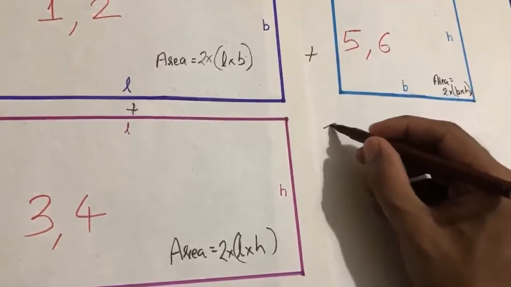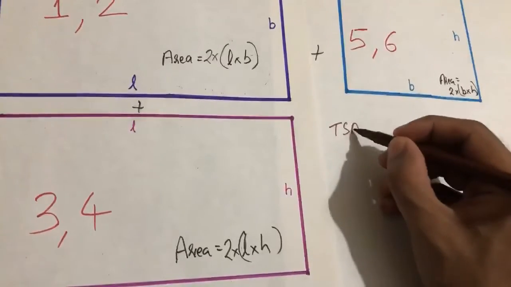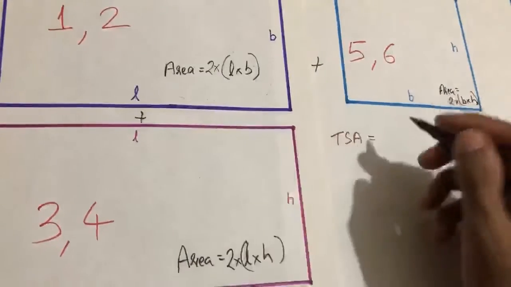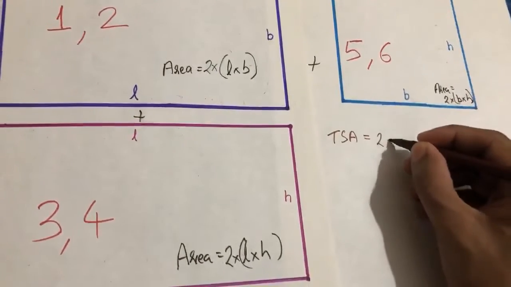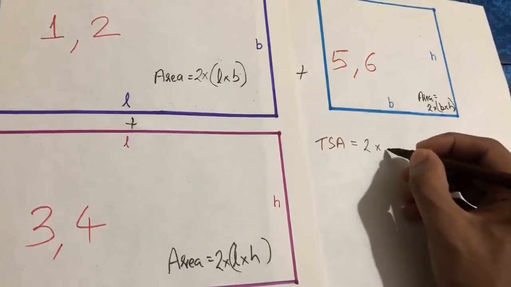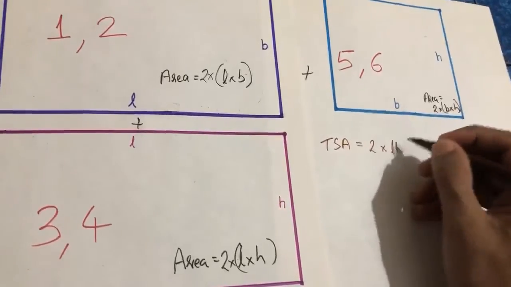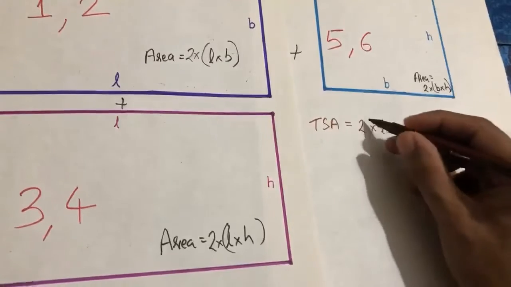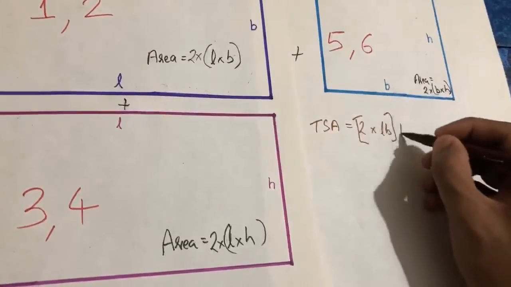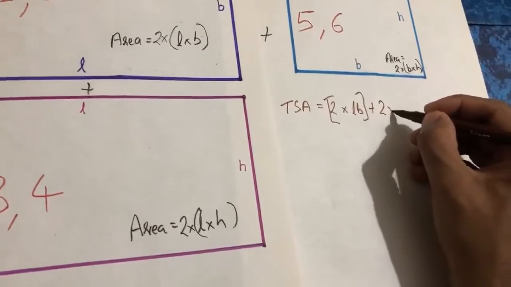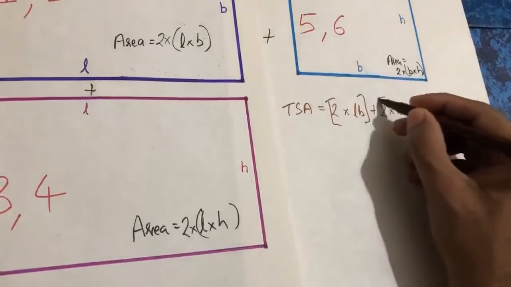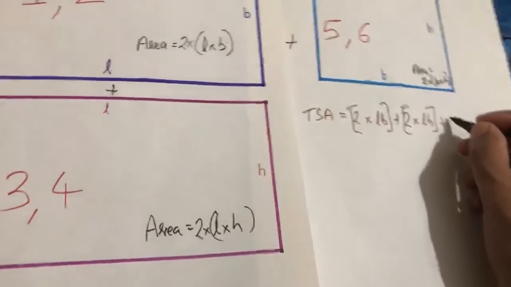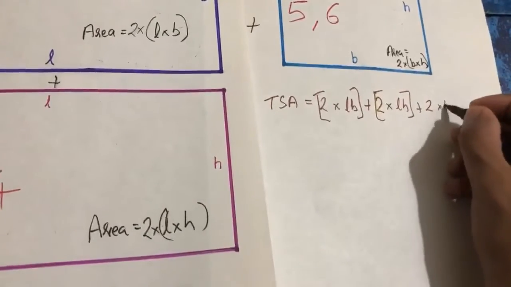Total surface area, or TSA, is equal to 2 into LB plus 2 into LH plus 2 into BH.